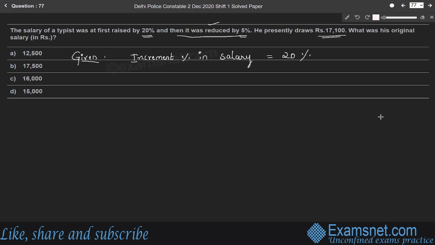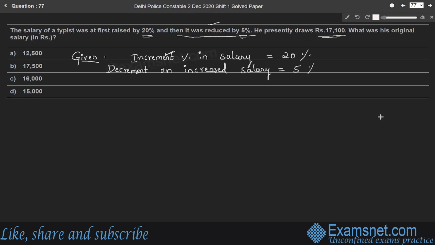So this 5% is the decrement on the increased salary. This decrement was on the increased salary, not on the original salary, right? So the decrement on increased salary is equal to 5%.